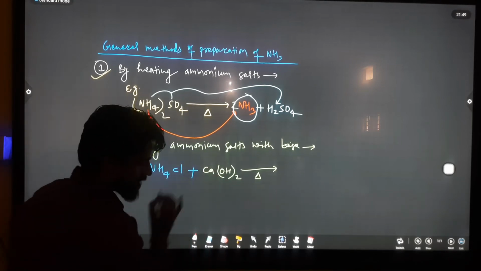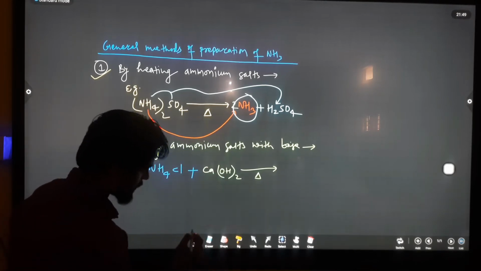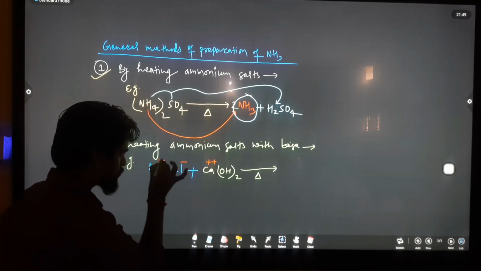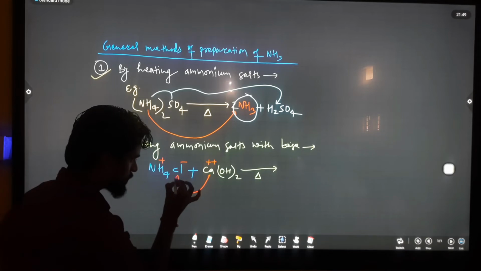Look at here. Calcium is metal. Metal always has plus charge. Cl is minus here, NH4 is plus. So plus reacts with minus.